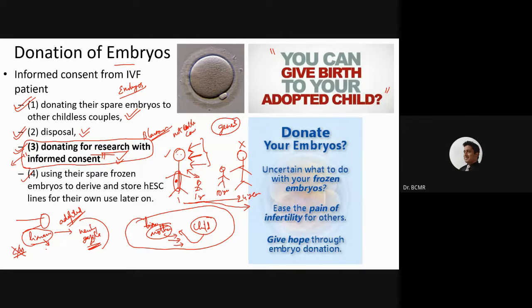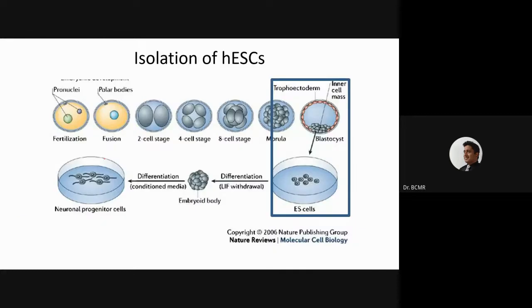That is called informed consent. So the next step is, from the frozen embryos, we got the embryos. We should now be able to isolate embryonic stem cells. This is going to get a little bit like a technical session from here on. Just try to see what you can.